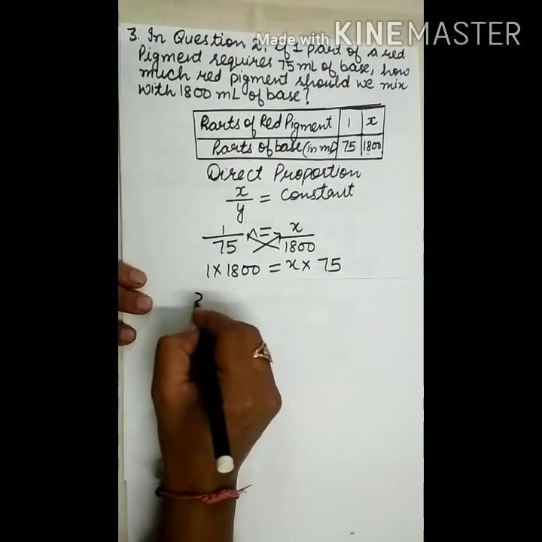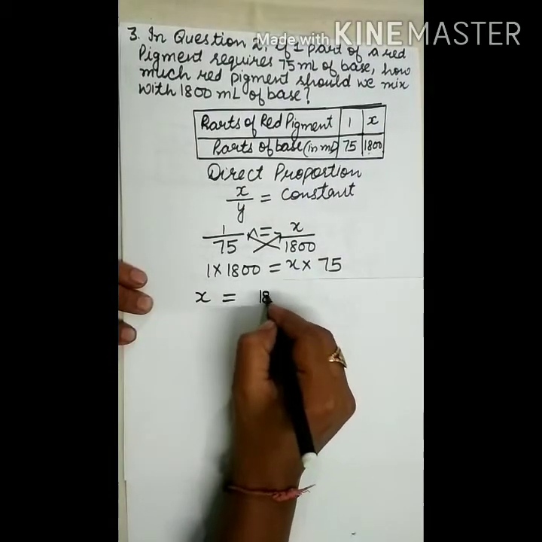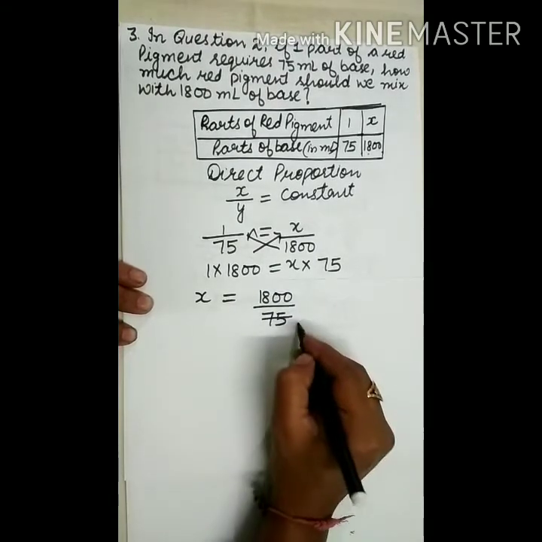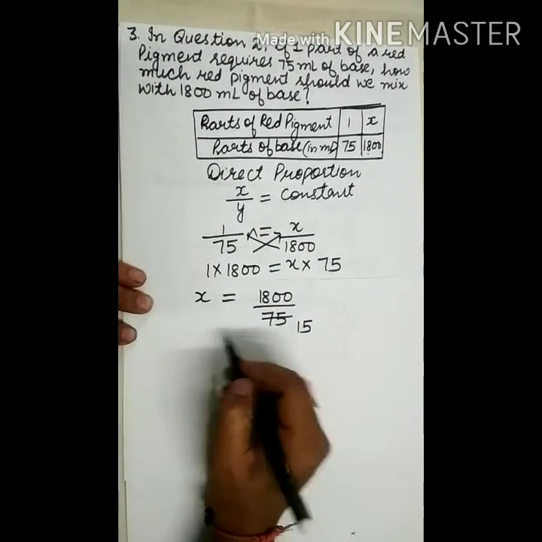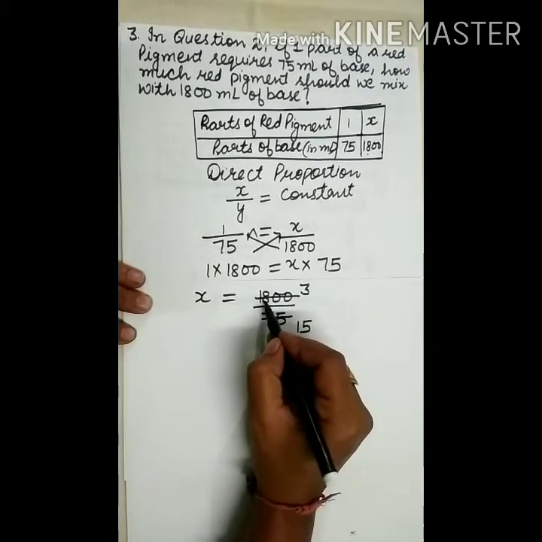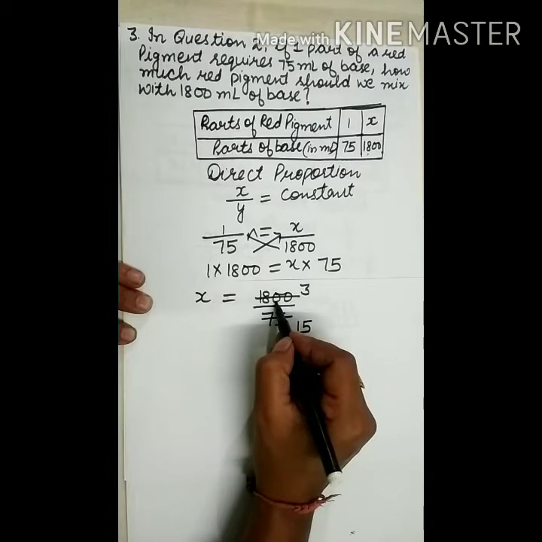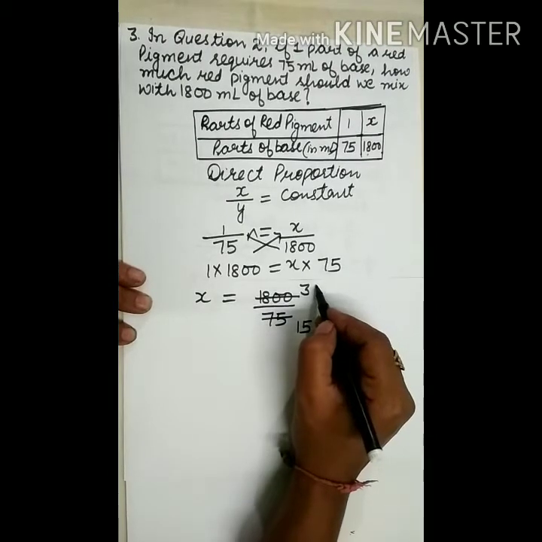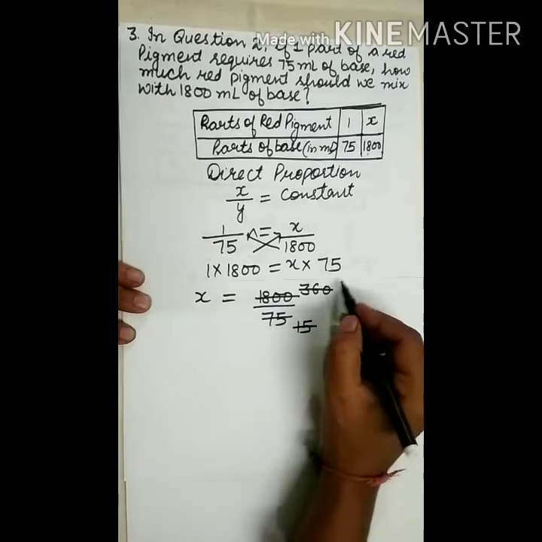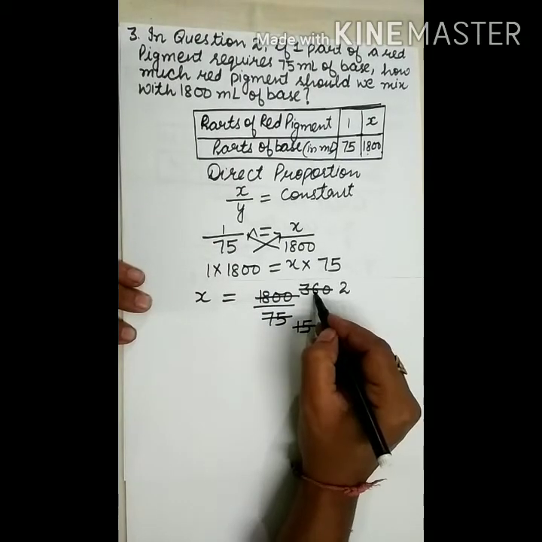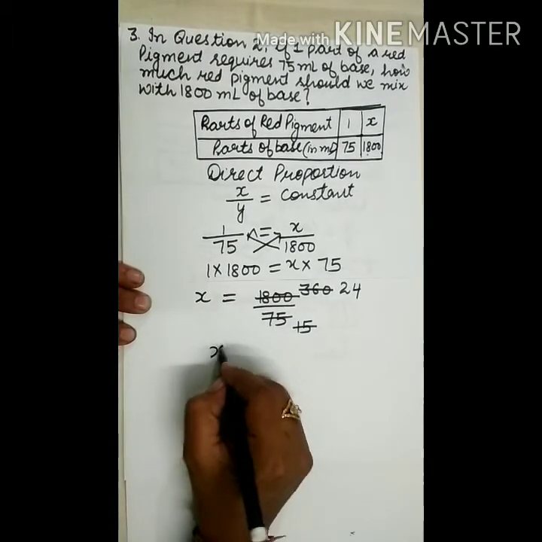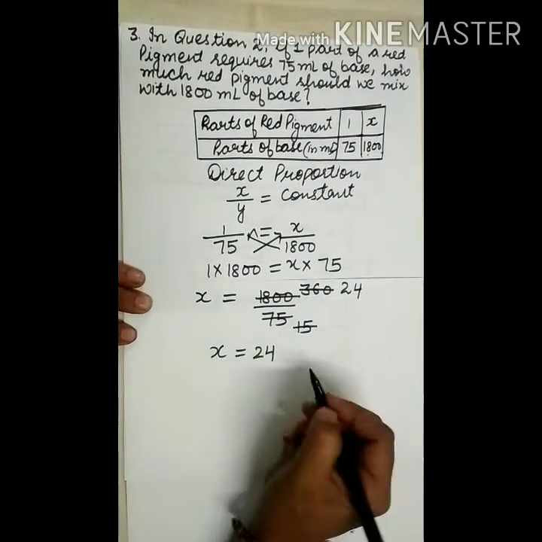Now x is equal to 1800 upon 75. 15 5s the 75, 5 3 is the 15, 3 carries, 3 6 0 30, 5 6 the 30, 360. Now 15 2's the 30, 6 0 60, 15 4's the 60. Now x is equal to 24.